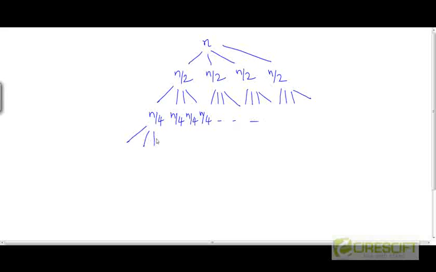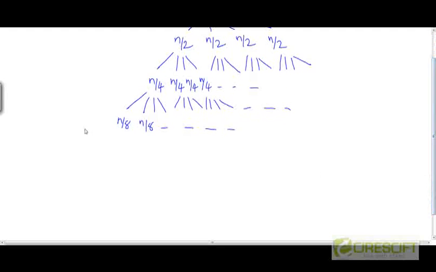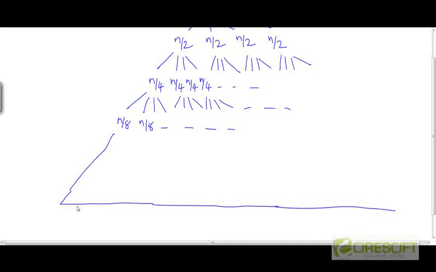And then each of these will have 4 children, with a cost of n by 8, and so on, until at the very last level we get a cost of T of 1, which is some constant.